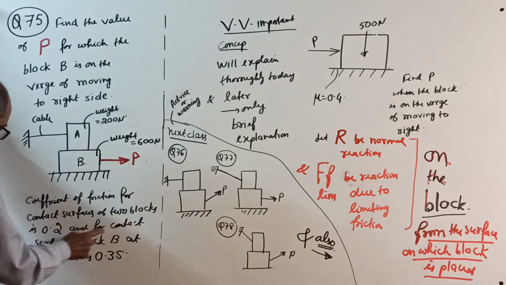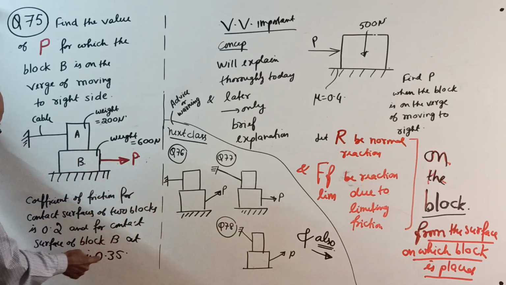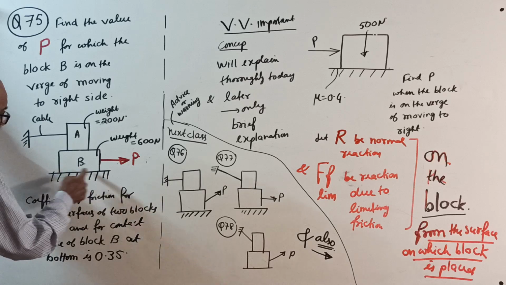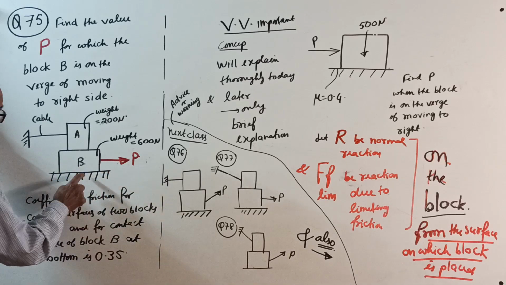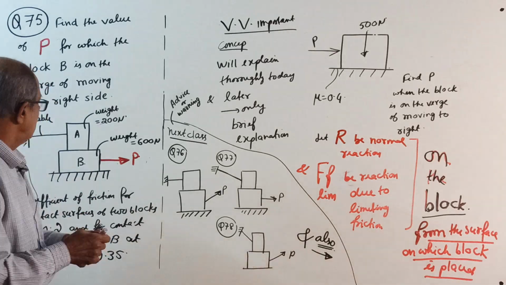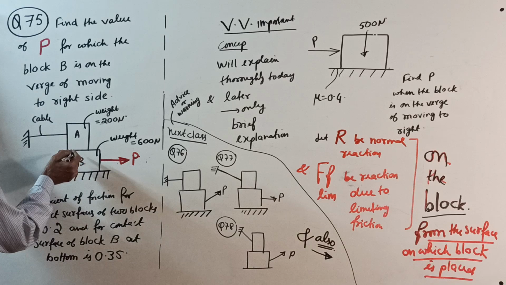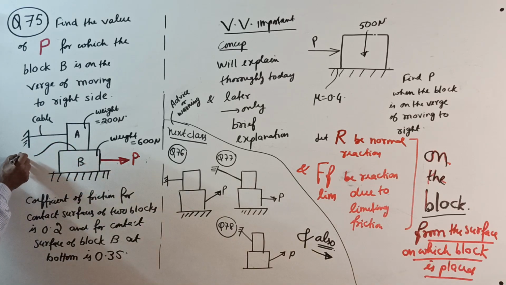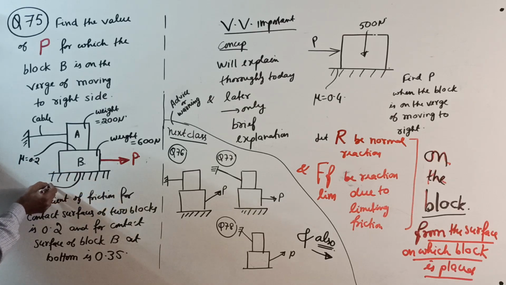And for the contact surface of block B with the bottom, or the ground level, mu is 0.35. To understand correctly, I write it here. This surface, mu equal to 0.2. This surface, mu equal to 0.35.